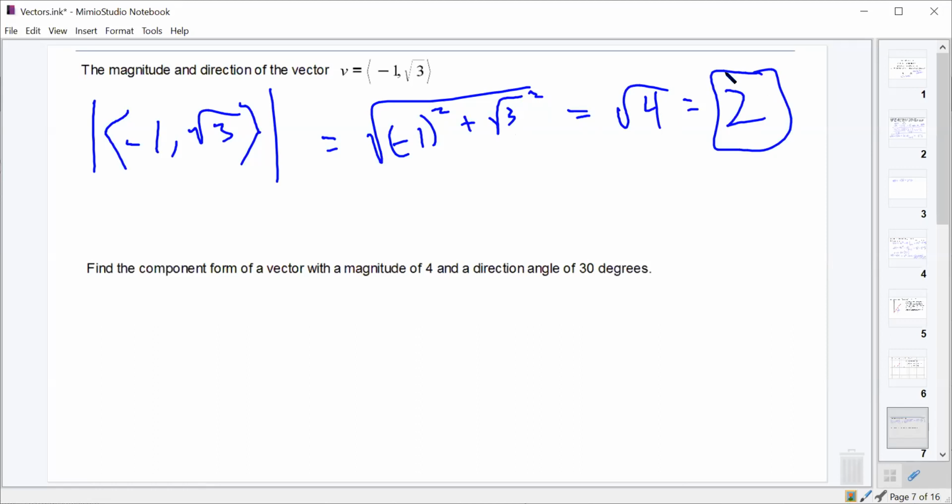And how are we going to find its direction? Any ideas on how we might find its direction?